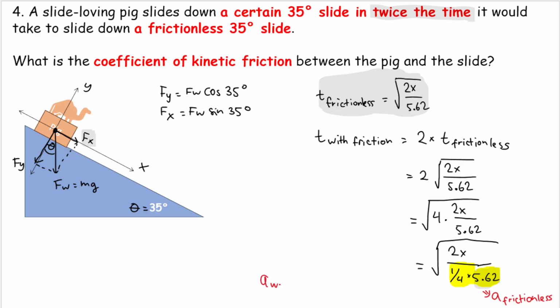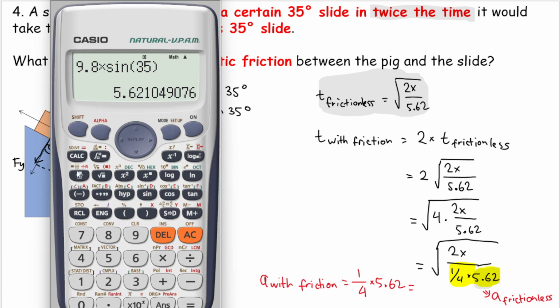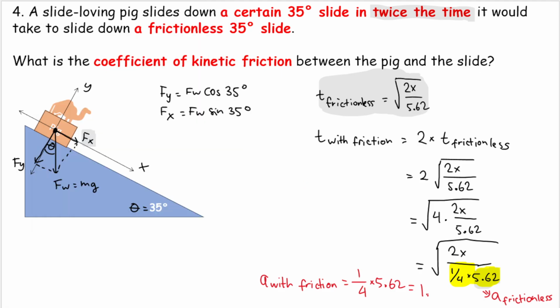The acceleration with friction is equal to 1/4 multiplied by 5.62, and that will be 1.41. So I will have 1.41 meters per second squared, and this is our target, which is the acceleration with friction.